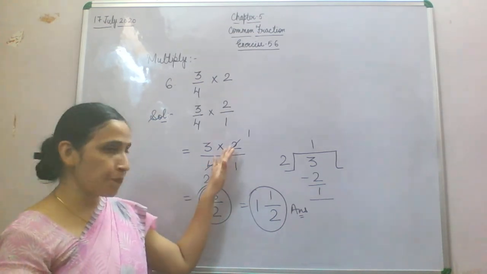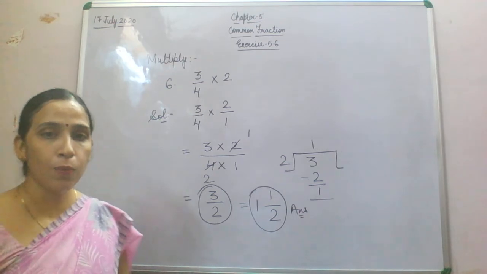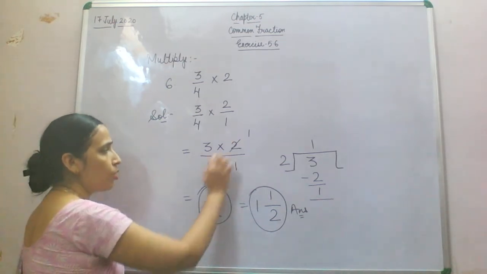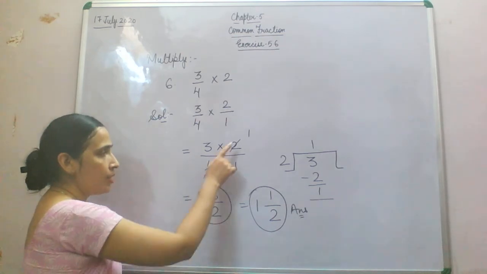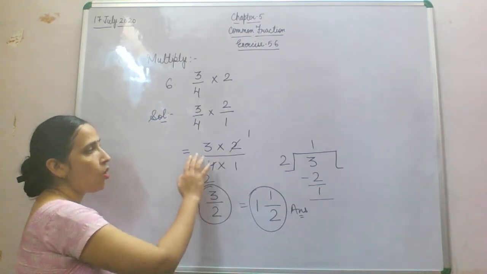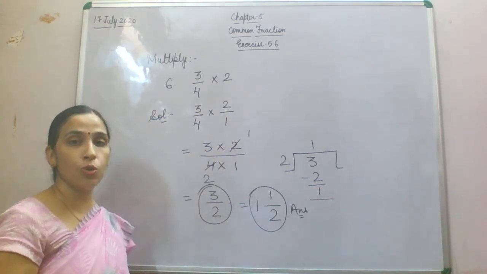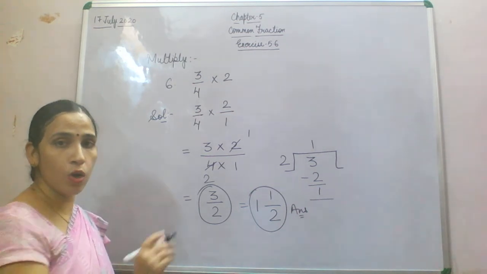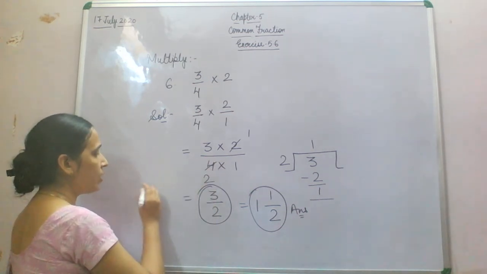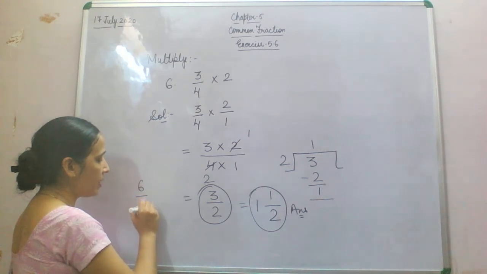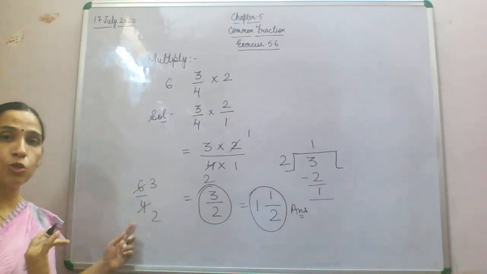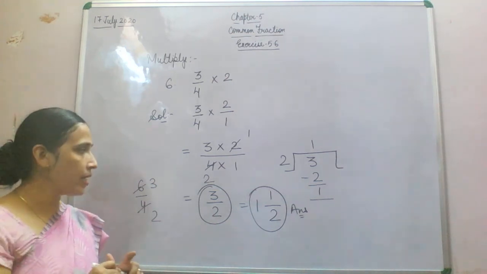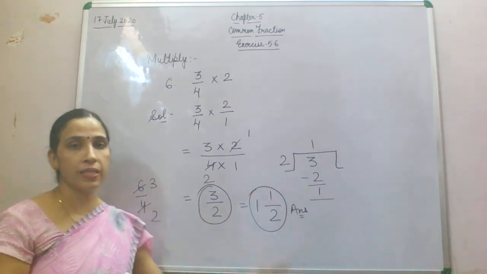After that, in the second step only, you can do the reducing, changing into lowest terms, or after multiplication also. Like if I do not do it here, I will get 6 by 4 and then I can reduce it here. Both are correct. So then I have reduced it and we get this answer.